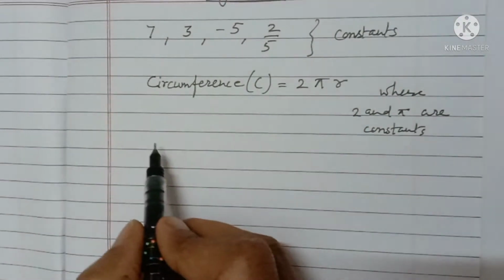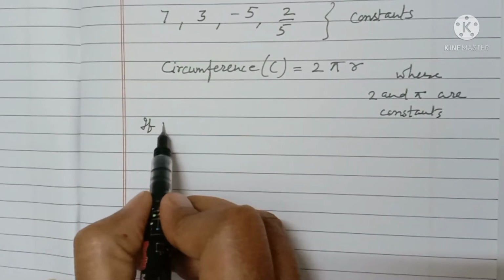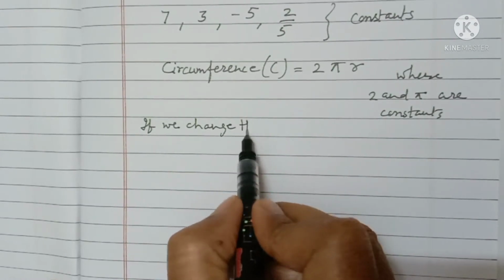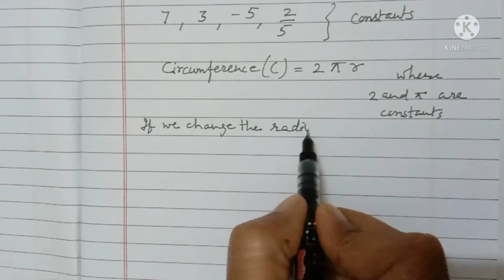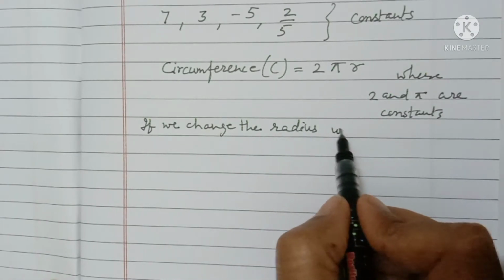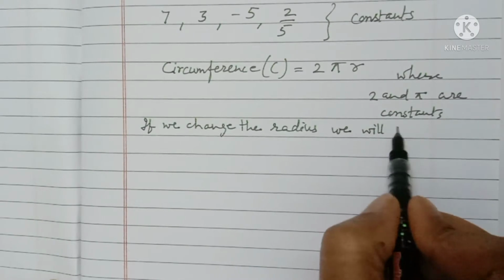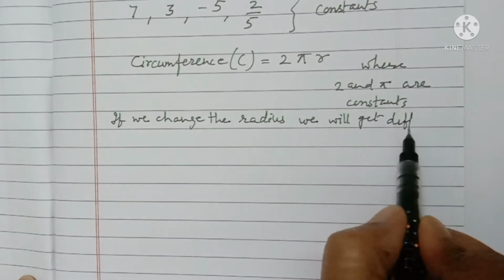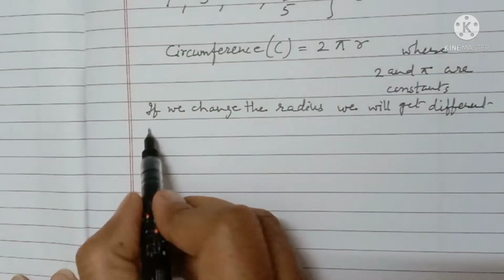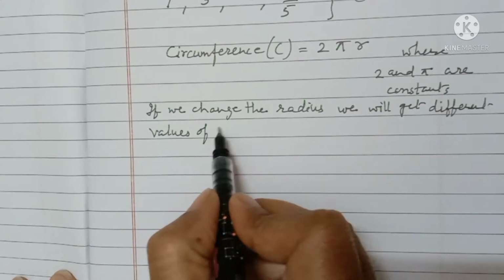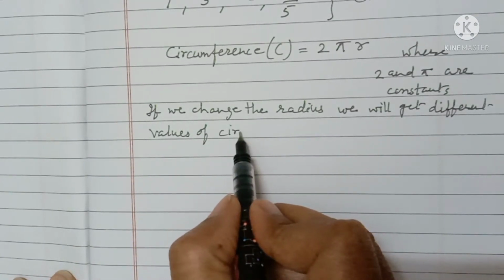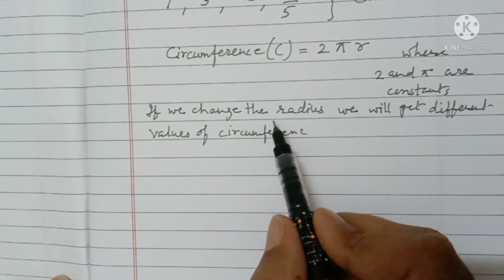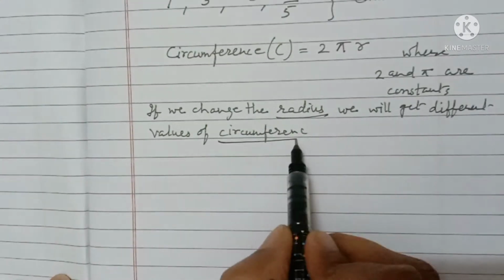And if we change the radius, we will get different values of circumference. So here the radius changes and the circumference also changes.